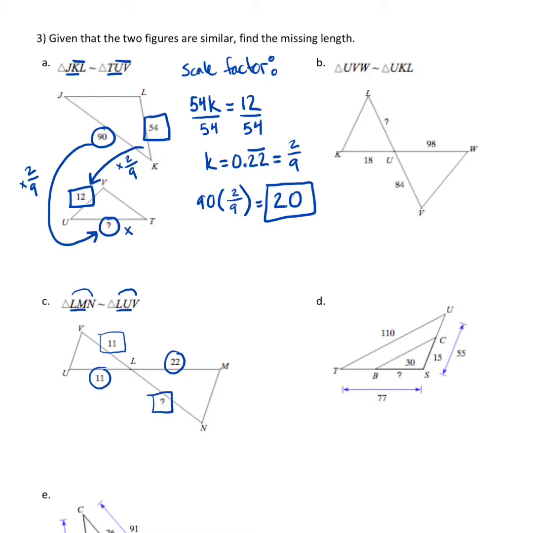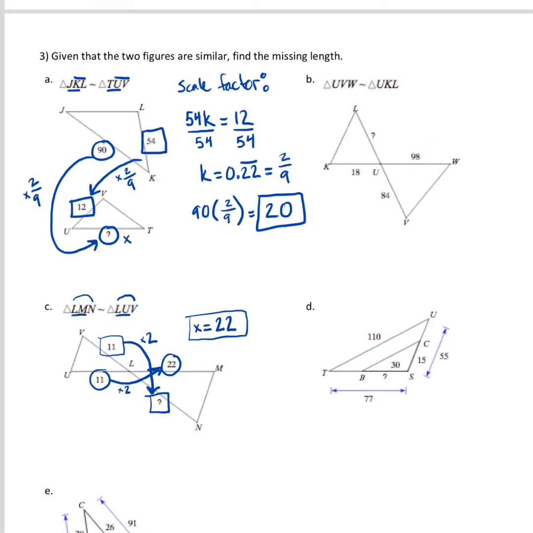I think a lot of you can look at this and decide what the value of x is. I'm hoping you can see that x is going to be 22. How did we know that? To get from 11 to 22, we can multiply by 2. So I'm going to do the same thing with this one, times it by 2. And that's where we get that 22. So that's our method with scale factor.